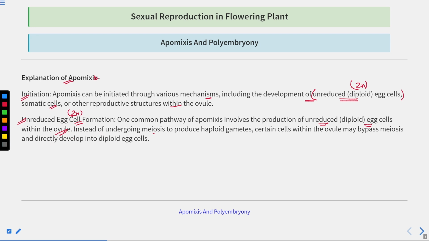Now, one common pathway of apomixis involves the production of this unreduced egg cell within the ovule. Instead of undergoing meiosis to produce the haploid gamete, certain cells within the ovule may bypass meiosis and directly develop into a diploid egg cell. So there is no meiosis, or there is some disruptive meiosis.